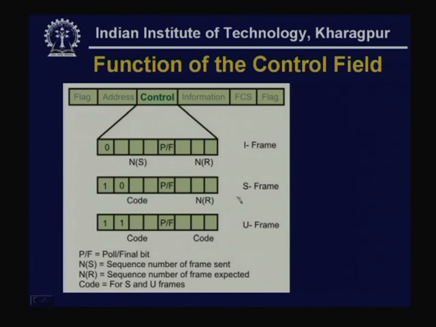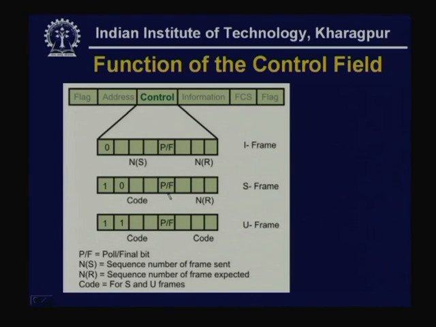So, in case of S frame, as you can see, there is a code and it is decided by 1 0. So, in that S frame there is no data. So, there is no data field in the S frame. However, it has got the 2-bit code, then this bit flag stands for poll and final.